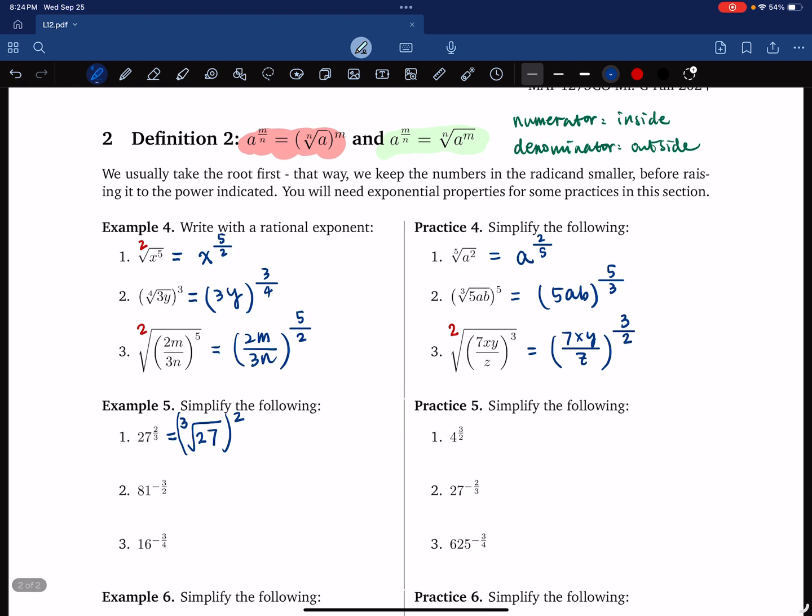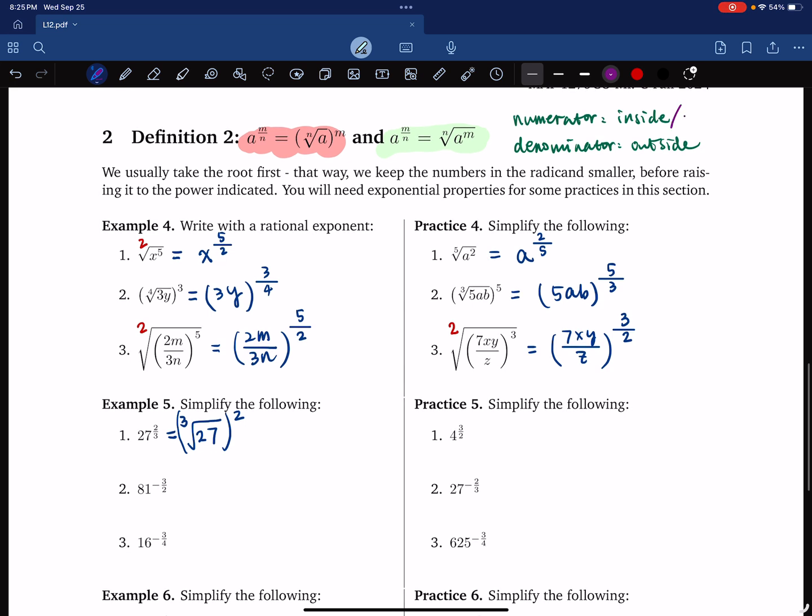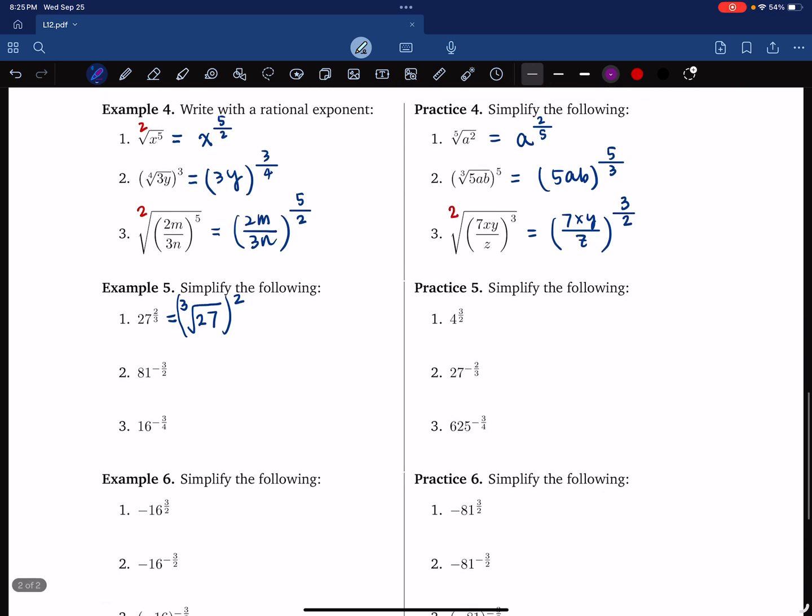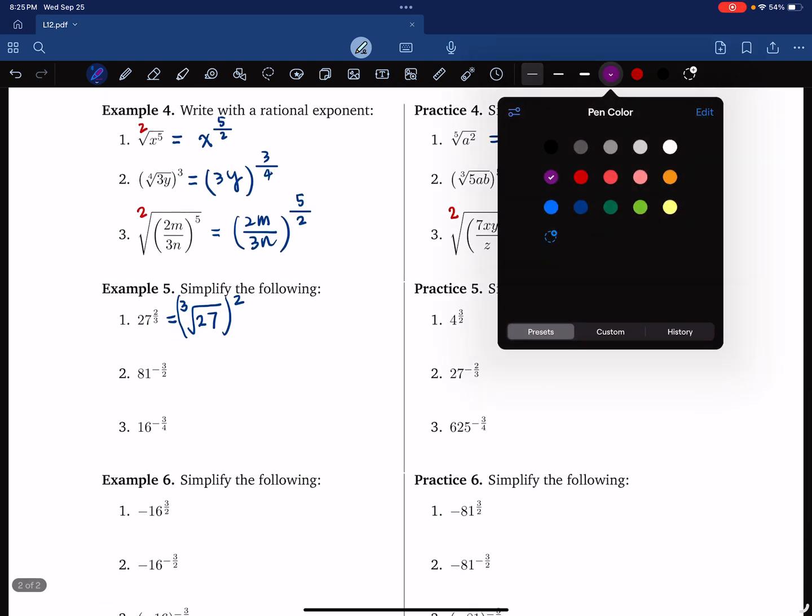So I'm going to modify our definition here a little bit. The numerator, right, it could go inside, or you could go with the overall exponent. And then for the denominator, it is outside, but it is referring to the index of the radical sign. Okay, the index of the radical sign. So you have two ways to rewrite this 27 raised to the power of 2 over 3.